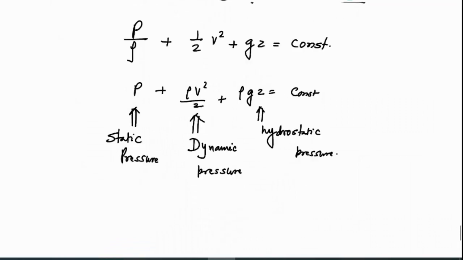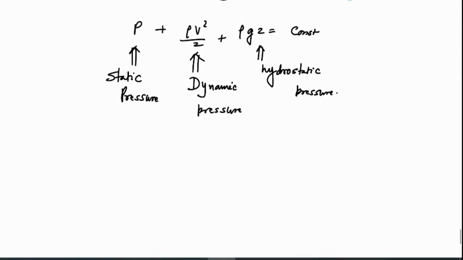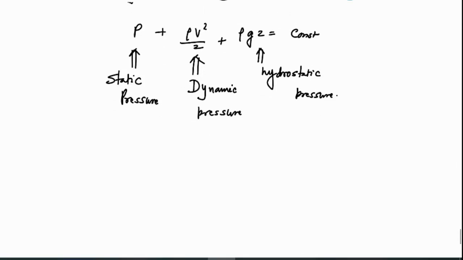So the same thing, you can either say flow energy, kinetic energy, or potential energy, now we are calling it in terms of pressure. The sum of the static and dynamic pressure is called the stagnation pressure. So these two terms, if you combine them, this is called the stagnation pressure.